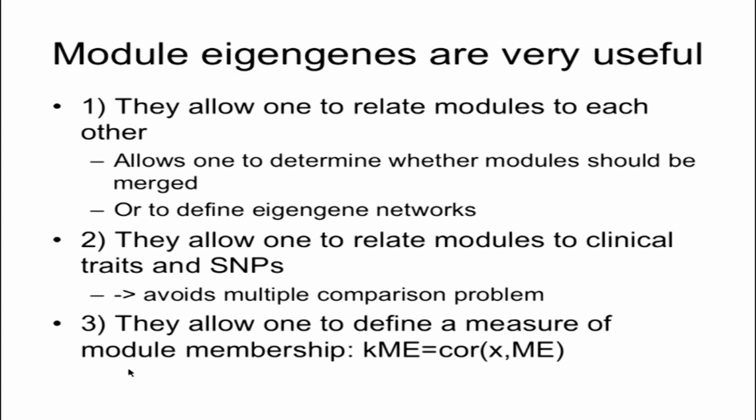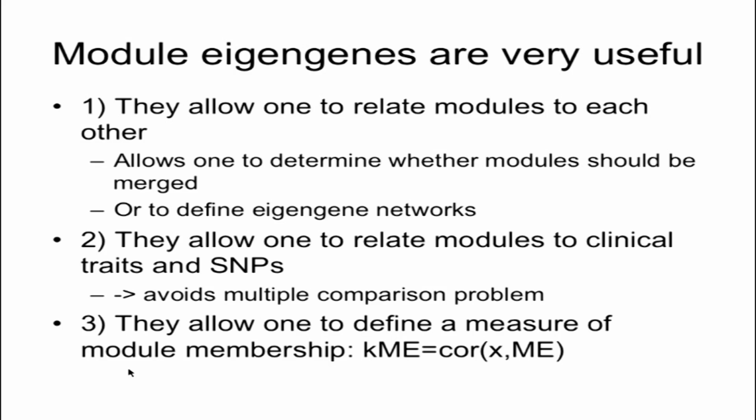So assume you have a module that is very interesting to you, the brown module. You take its eigengene and correlate it with each of the 50,000 probes or transcripts that you study. Then you get this correlation coefficient called KME, and you can rank order the genes and say, give me the 500 genes with the highest correlations with the module eigengene.